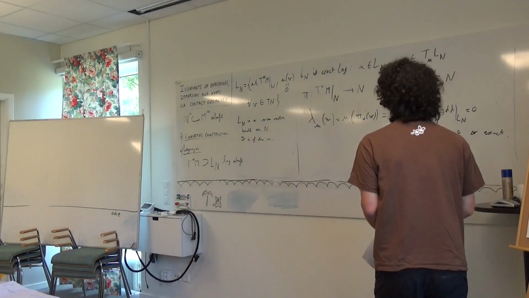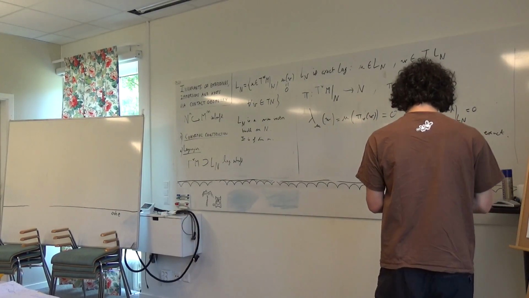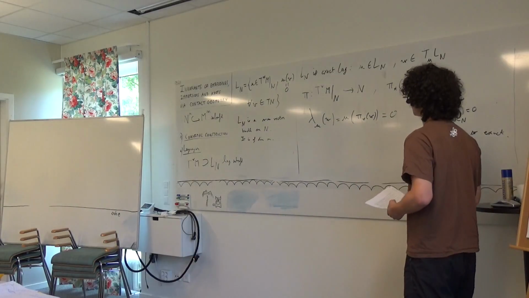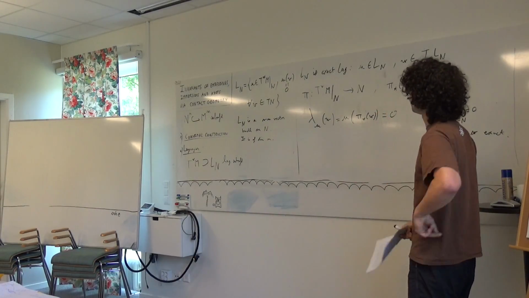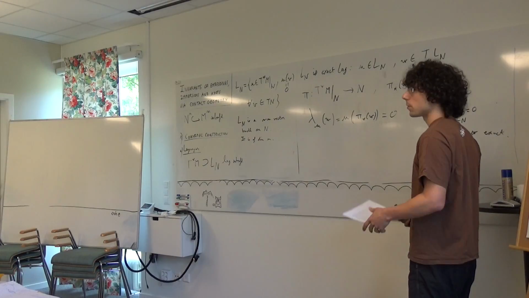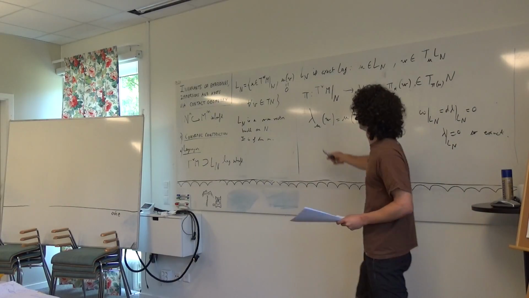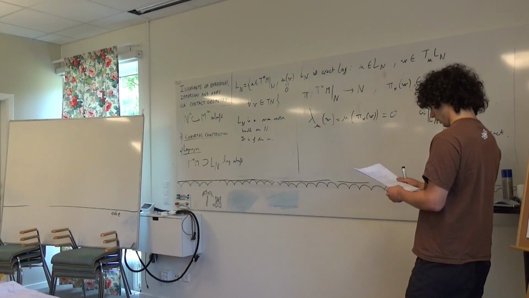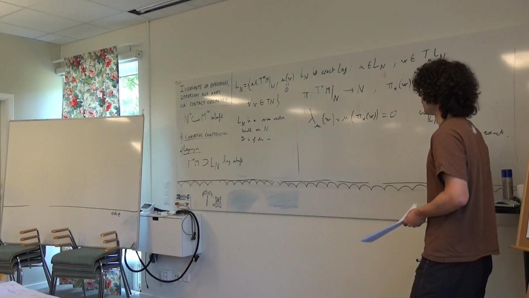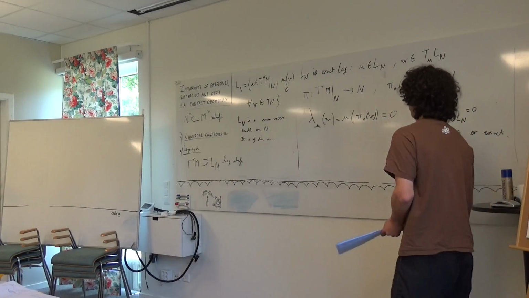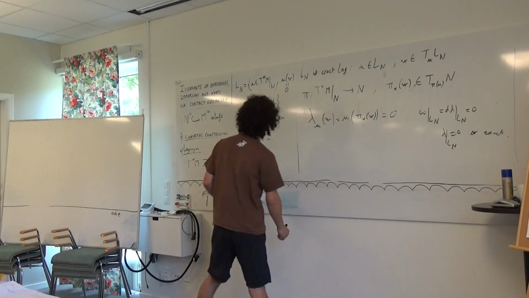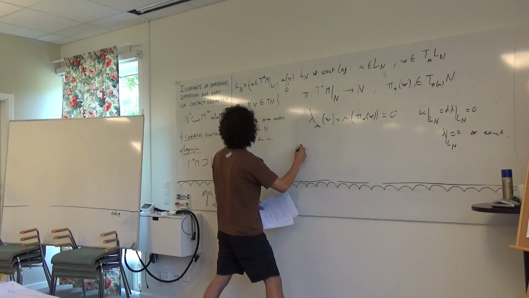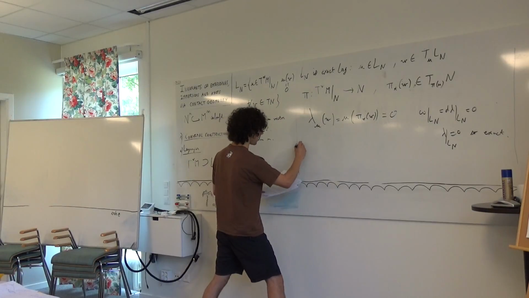And we conclude from this, seeing that if n is isotoped through smooth embeddings, then Ln is isotoped through Lagrangians by Hamiltonian isotopy, and so we have a new invariant of n.